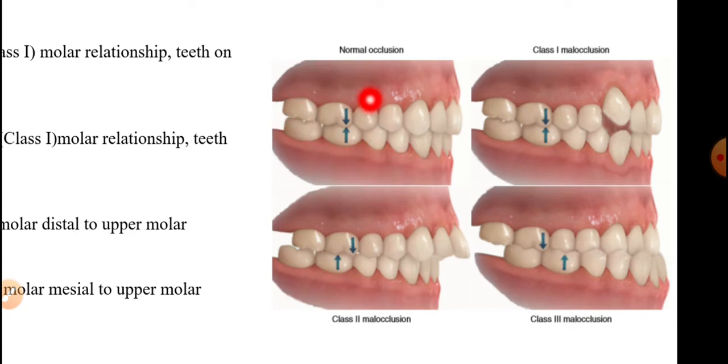But the British Standard Institute, BSI, took the incisor as the reference for classification of malocclusion. So we'll be studying both of them.